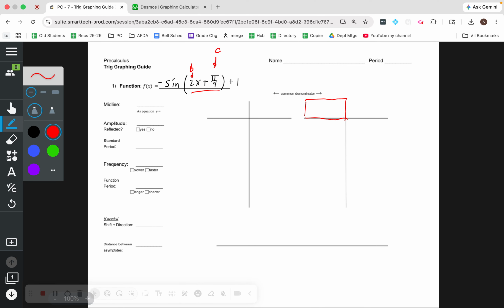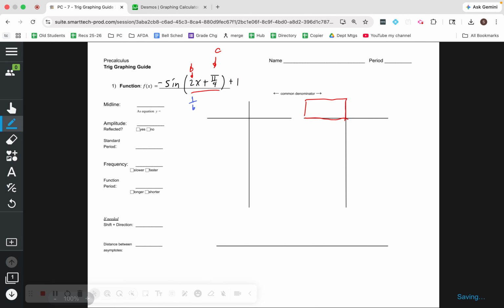And it's simpler than you realize. What you're going to do is take the inverse of b, 1 over b, which is 1 half, say x. You're going to change that sign, and then take the 1 over b, which is 1 half, multiply it times the c. And what is that? Pi over 8.